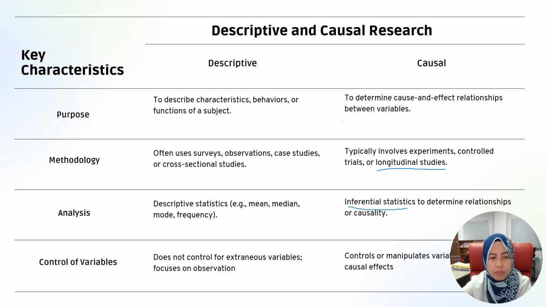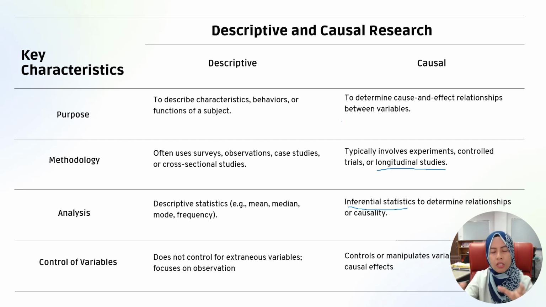In descriptive research, you don't control things, you observe what's happening. But for causal research, you have certain parameters that you can control, and you can manipulate certain variables to see the effect.